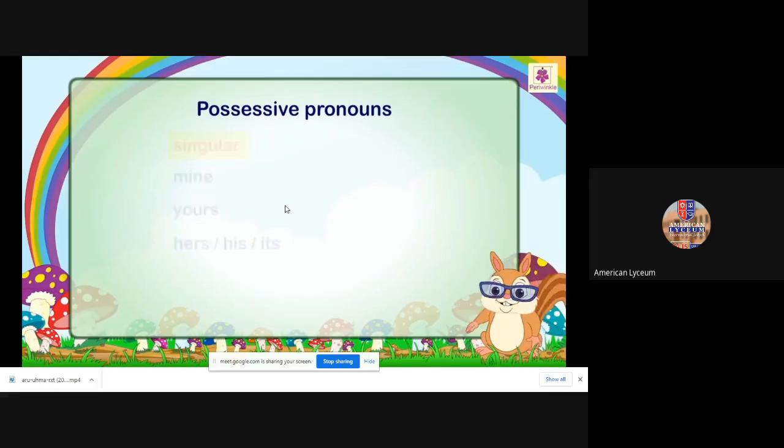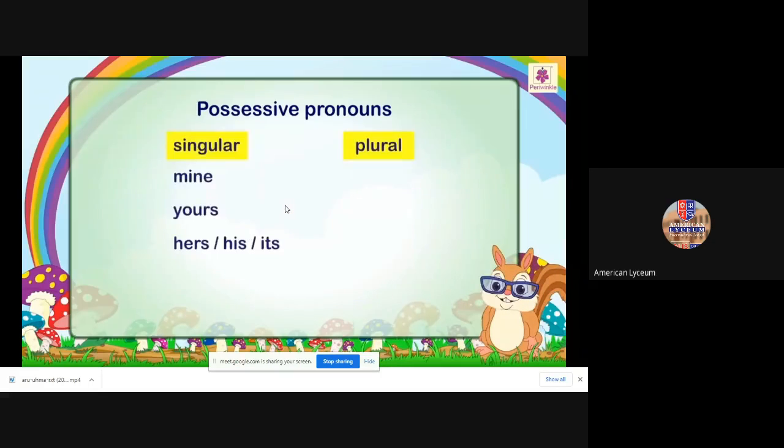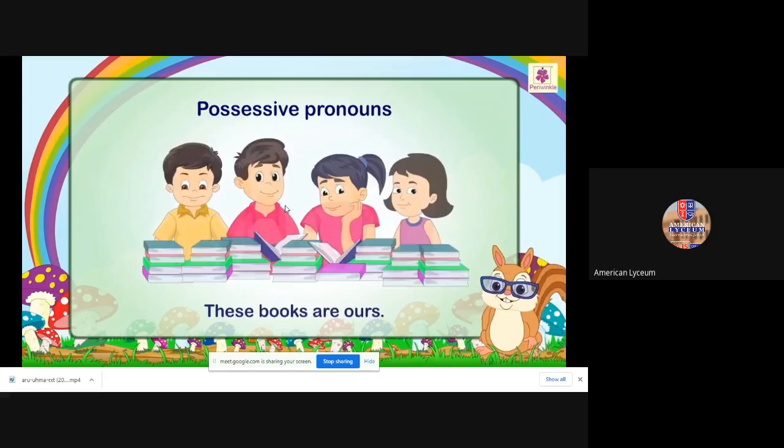For example, this pen is mine. The possessive pronouns ours, yours, theirs refer to the plural form. For example, these books are ours.